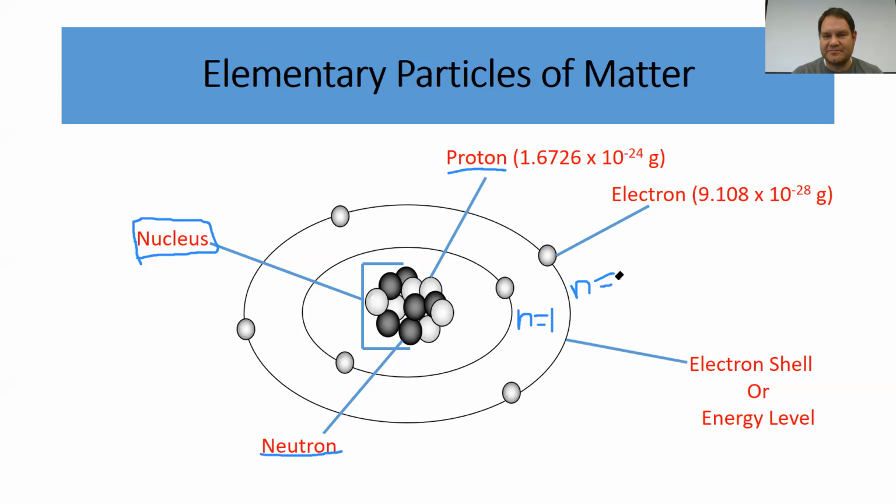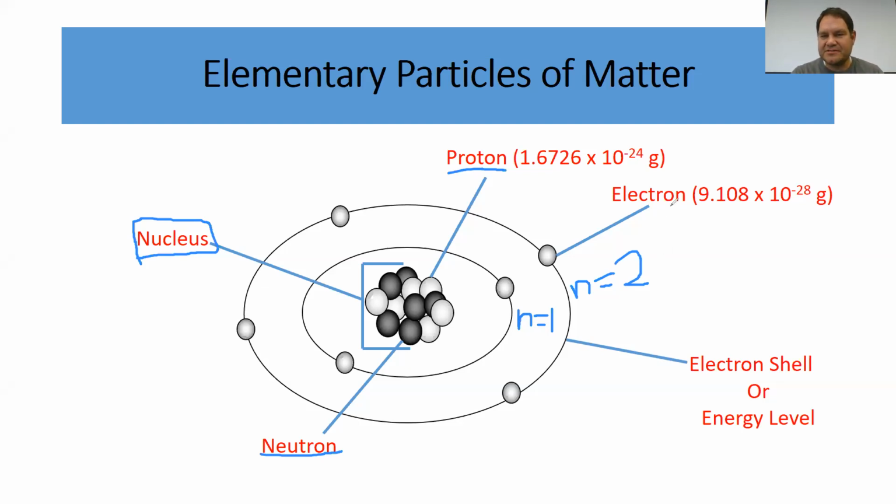So N equals 2 on this. All right, so the first electron shell, the second electron shell, and then there can be a third and so forth, as we will address later on.